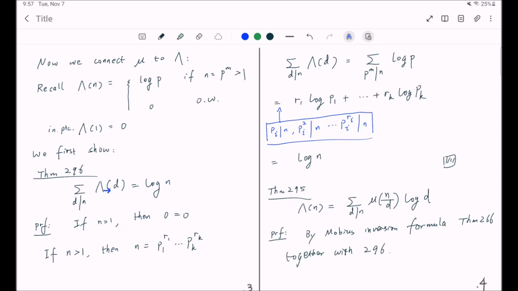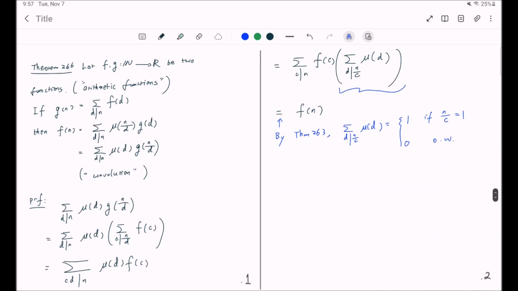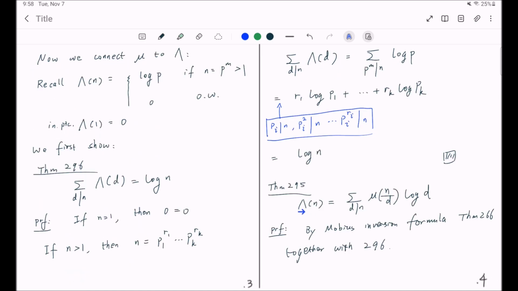Log of n is equal to the summation of lambda of d, where d divides n, which is the same as the condition that g of n is equal to the summation of f of d, where d divides n. So, by the Mobius inversion formula, you get f of n, which corresponds to lambda of n here, equal to the summation of mu of n divided by d times log of d, for d divides n. So this is very straightforward from the Mobius inversion formula together with this theorem.